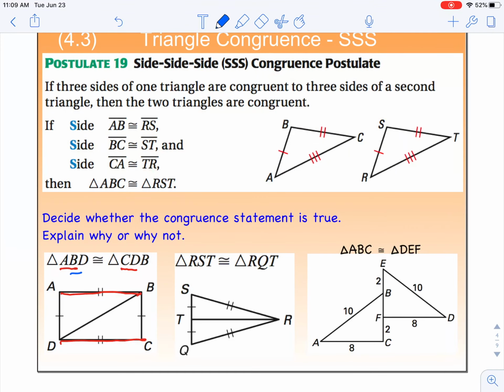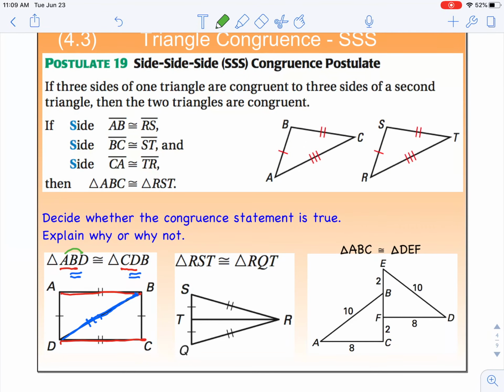We'd also have to show that side BD is congruent to side BD. If you look at this picture, side BD in both triangles is the exact same segment. So that side is congruent to itself. So yes, those 2 sides are corresponding and congruent.